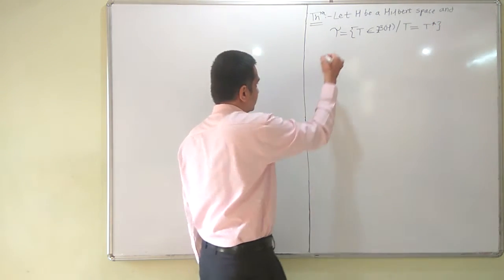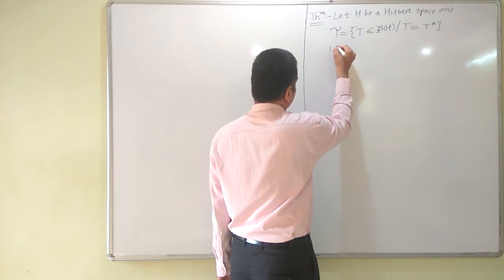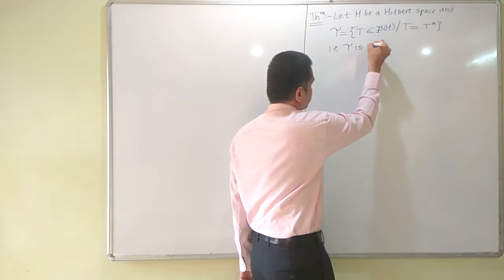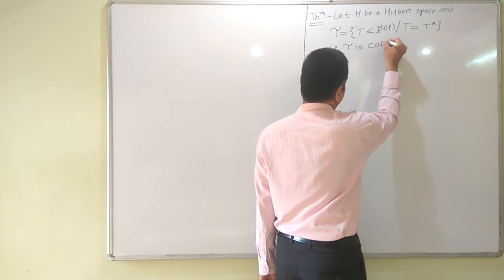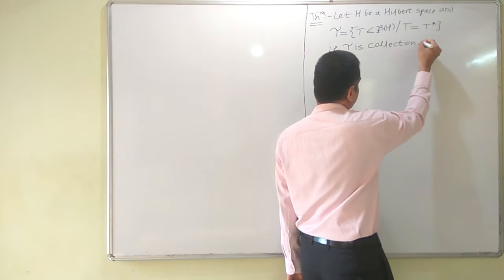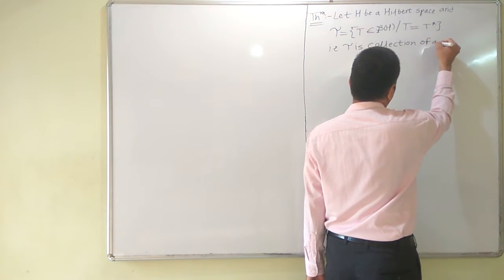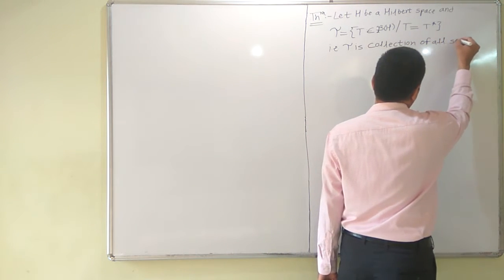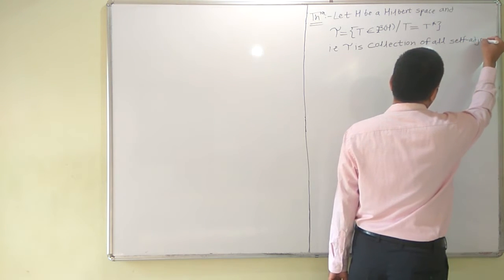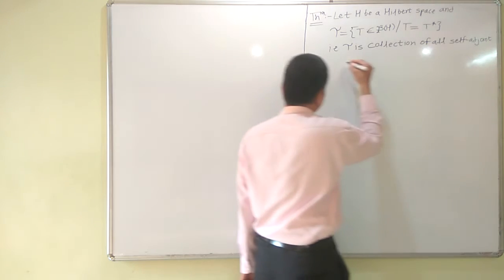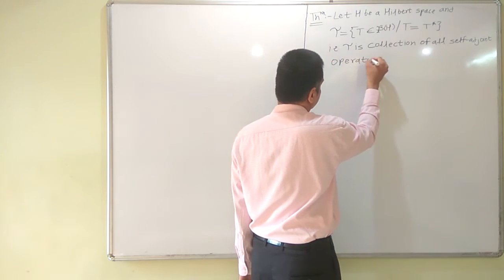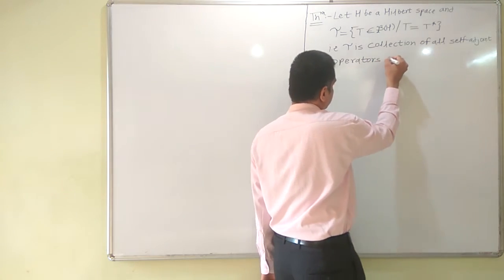That is, tau is the collection of all self-adjoint operators on H.